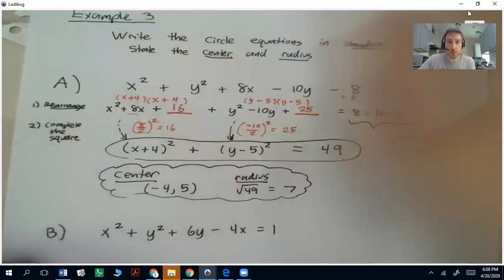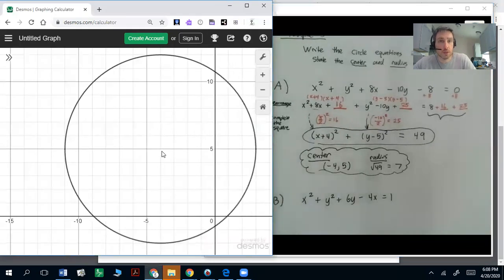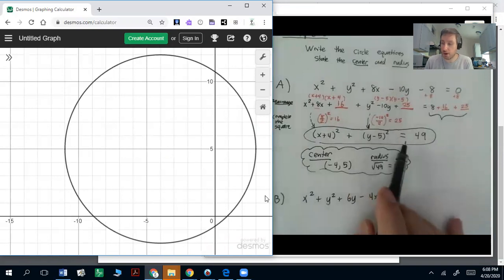And I think that's what we established on the graph. The center was right here, negative 4, positive 5. The radius, count 1, 2, 3, 4, 5, 6, 7 units in all directions. And that matches up. And so if we had put this in Desmos, we would get the same graph.